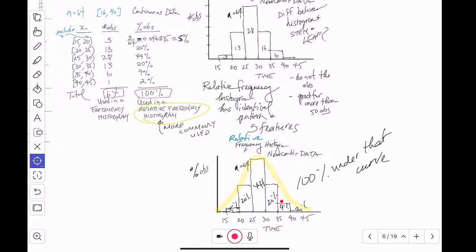That's what we talk about. We talk about there being a relative frequency histogram under that curve where the values sum to 100%. The number of observations total 100%, of course. Okay?